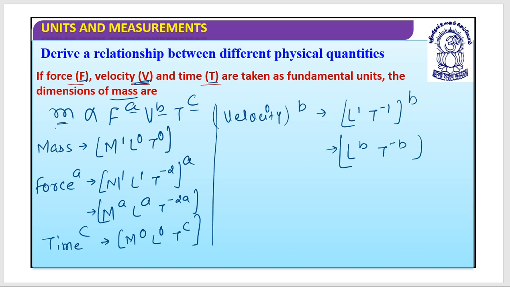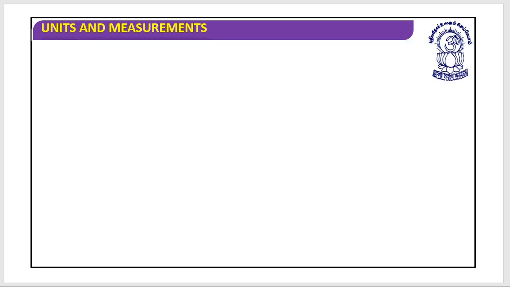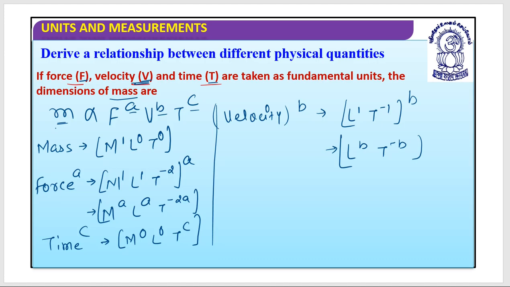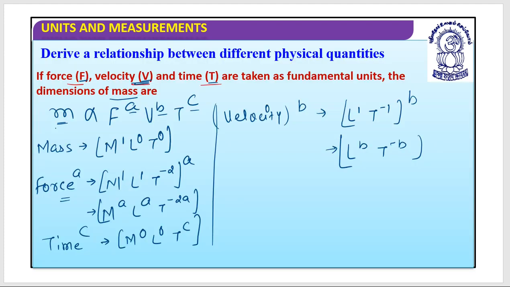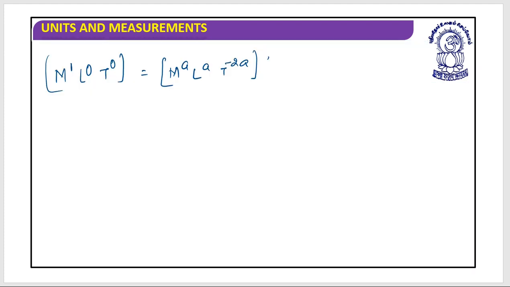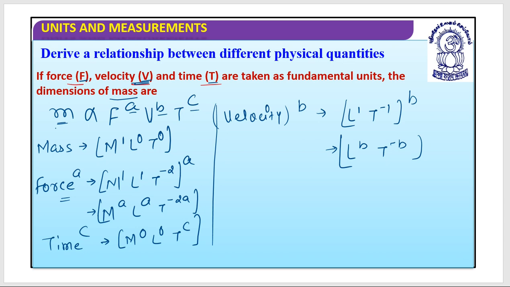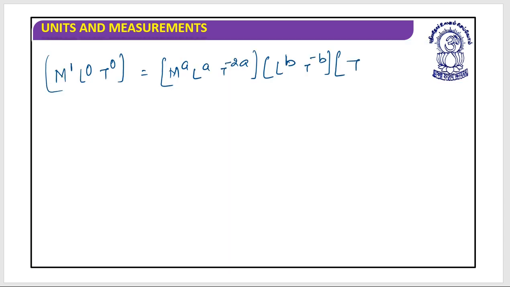Now what I need to do is just compare these two. So let's write it down on the very next slide. For mass, it is M1 L0 T0. For other quantities, we have force, it's M^A L^A T^(-2A). We have velocity, that is L^B T^(-B). And we have time, that is T to the power C. So let's add it up.